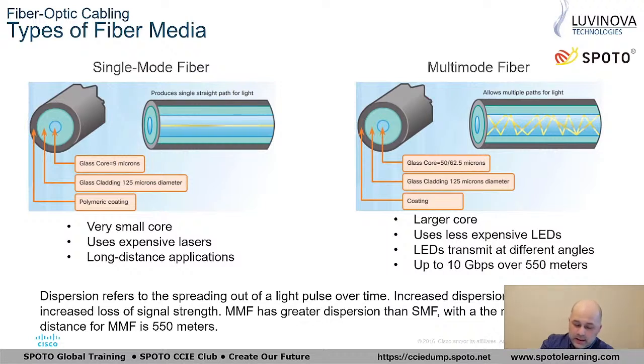And as you can see here, we have a limitation of speed and distance. For the left side, the single mode fiber, we almost don't have a limitation. There is a limitation, but it's a very large number of kilometers you can cover with single mode fiber optics.